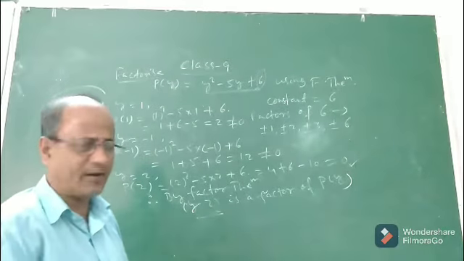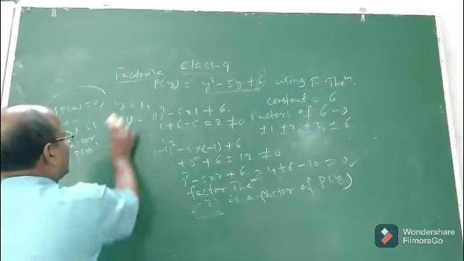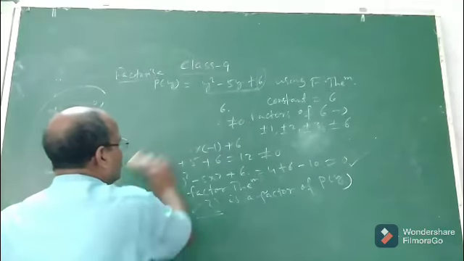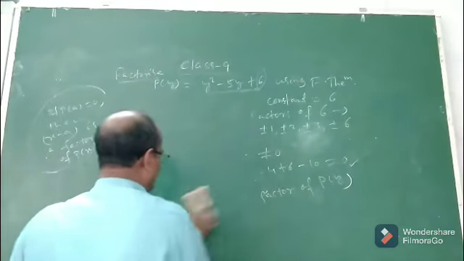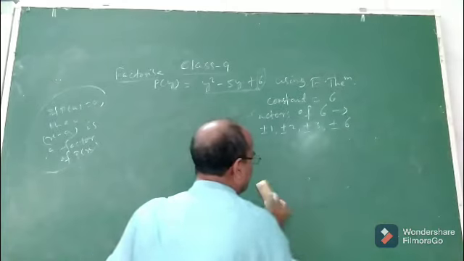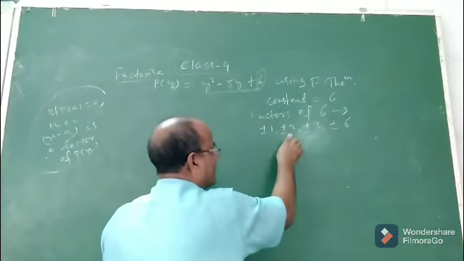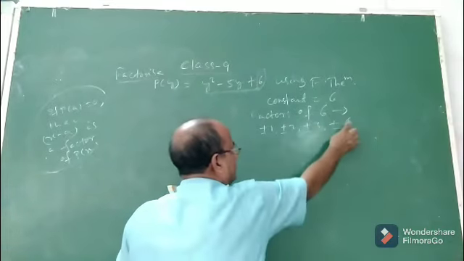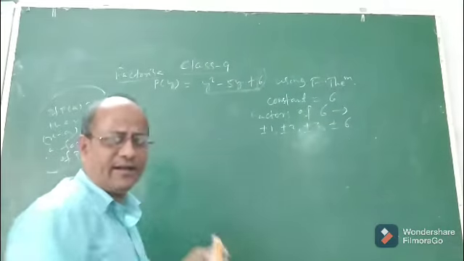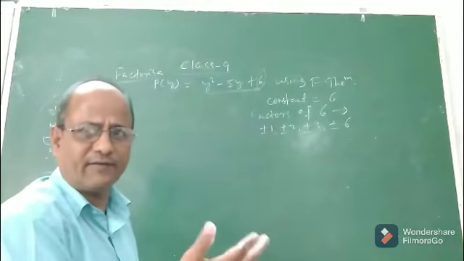How to get the other factor? Now to get the other factor, what will we do? There are still other values: minus 2, plus 3, minus 3, plus 6, minus 6. You can test for other values.